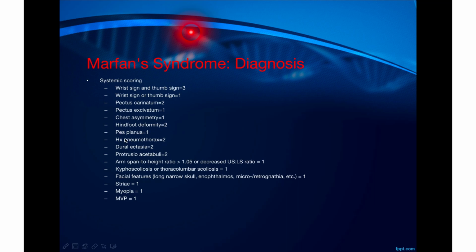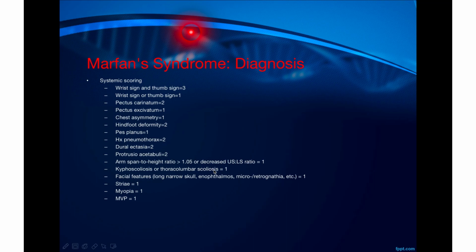Pes planus 1. The history of spontaneous pneumothorax, not just any pneumothorax, that's going to be 2. Dural ectasia 2. Protrusio acetabuli 2. The arm to height span greater than 1.5 times, or a decreased upper segment to lower segment ratio, we give this a number of 1.